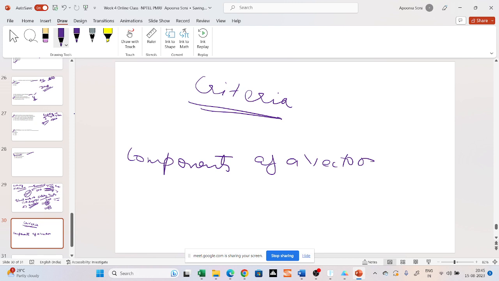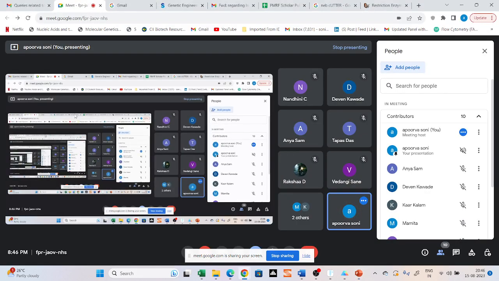What all things are needed in a vector? Basic things in a cloning vector. Tell me. Restriction sites. Restriction sites, okay.